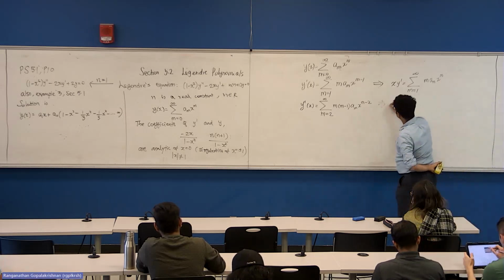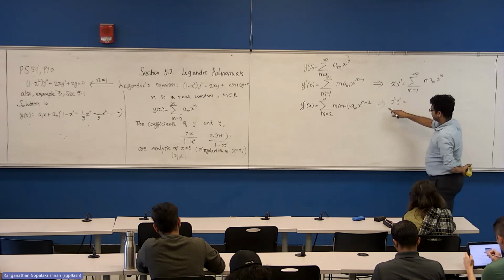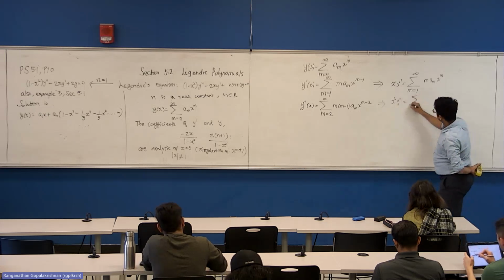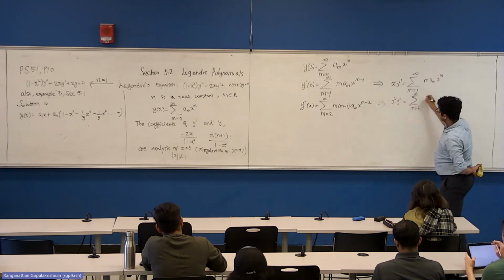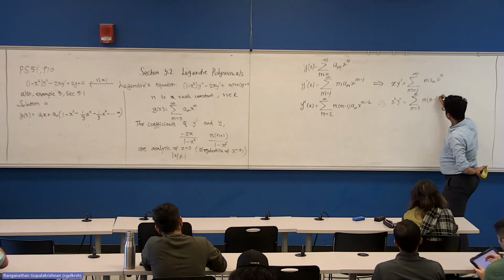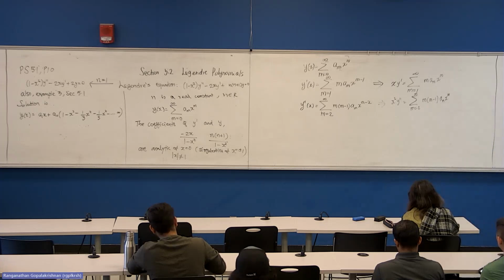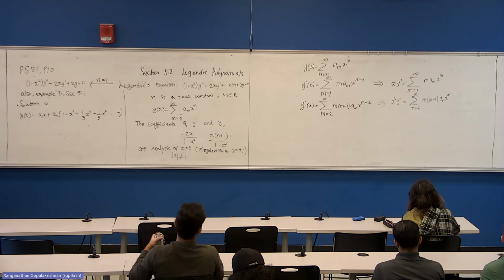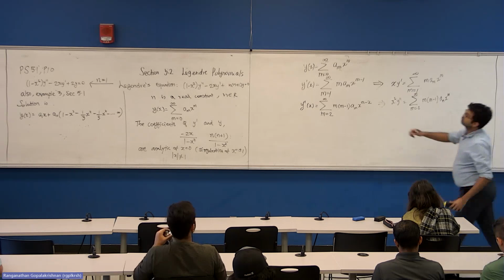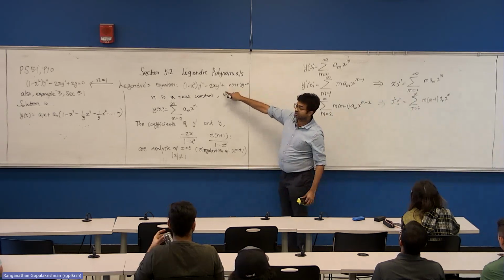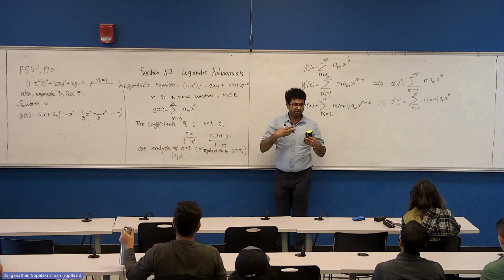And I have to multiply y double prime by x squared, which gives summation m equals 2 to infinity m times m minus 1 times a_m times x power m. Are you okay with these operations? You got a question? I'm confused on why I'm multiplying it by x, teacher. Because we will eventually substitute it back in this equation. We are just preparing the terms which we are going to need in a moment.